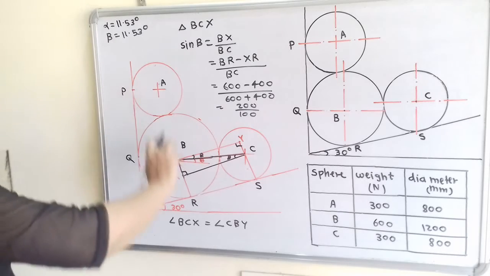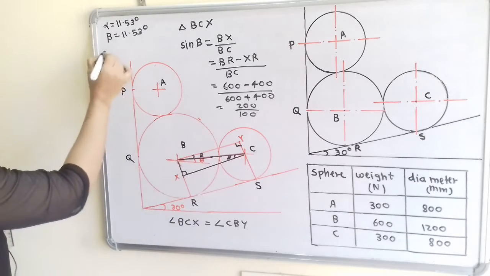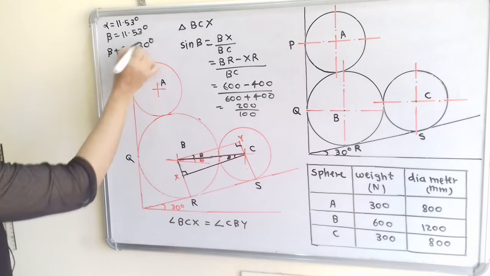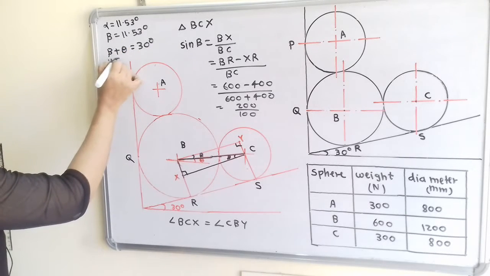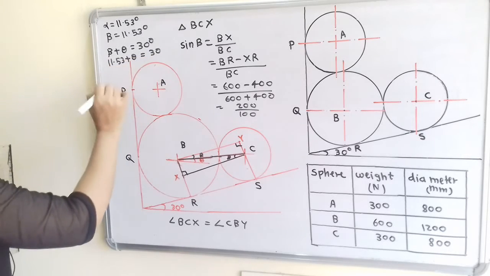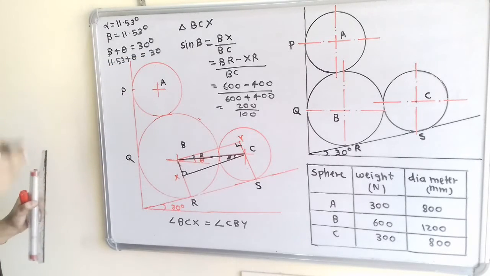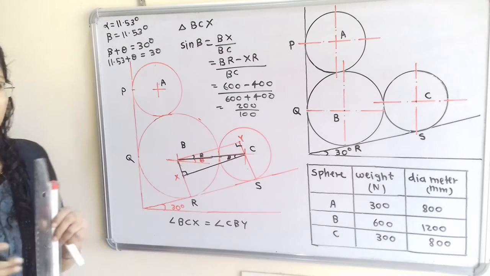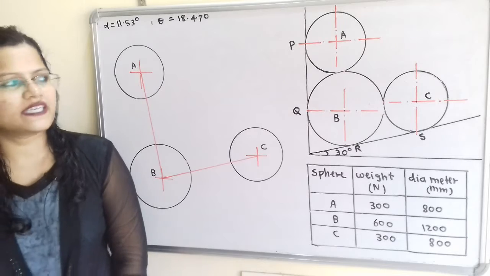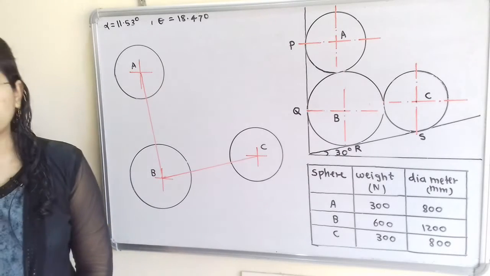So we can write here, from the diagram, beta plus theta is equal to 30 degree. So beta is 11.53 plus theta is equal to 30 degree. So we can calculate theta as 30 minus 11.53. Calculated value of theta is 18.47 degree.